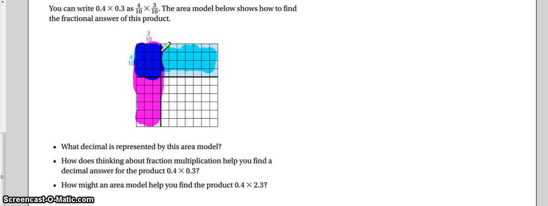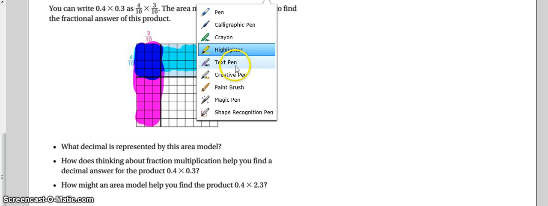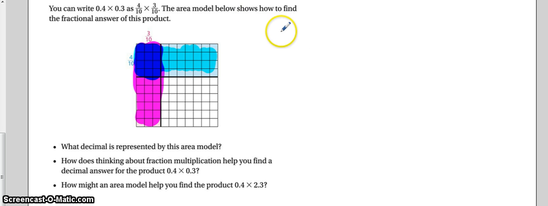This goes way back to when we talked about fraction multiplication. When we multiplied 4/10 times 3/10, we'd multiply straight across. We'd count those little boxes in there, we'd get 12, and then if we count the total area, there'd be 100 of those, so a tenth times a tenth equals a hundredth.